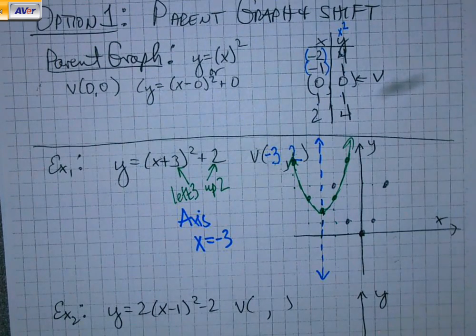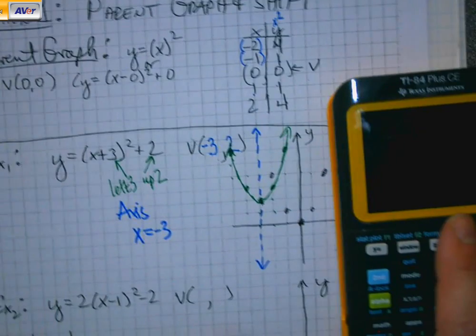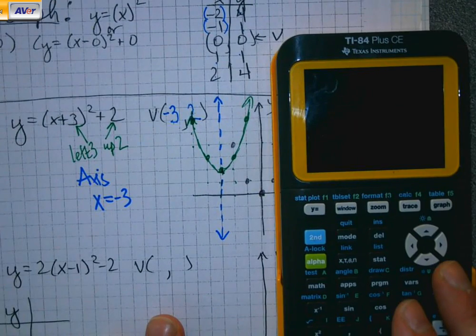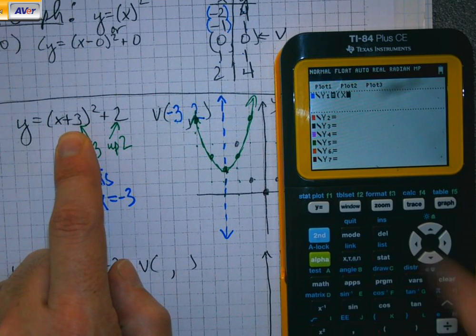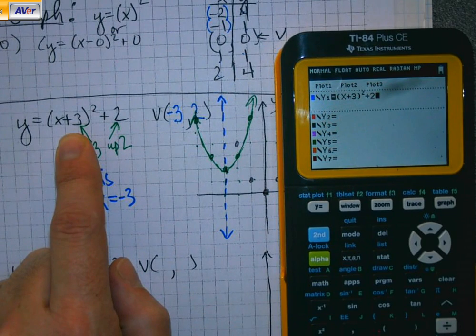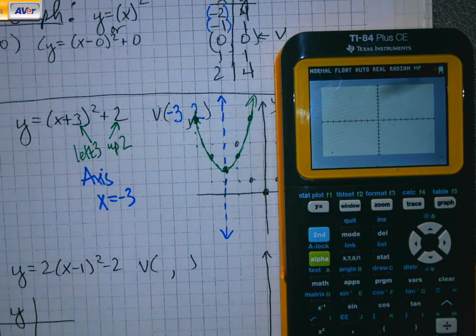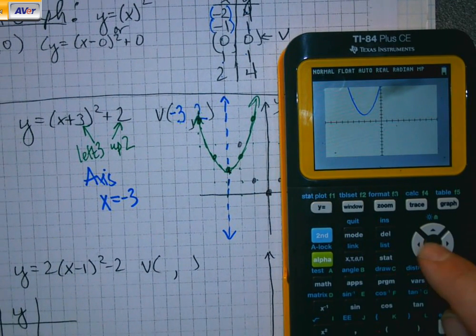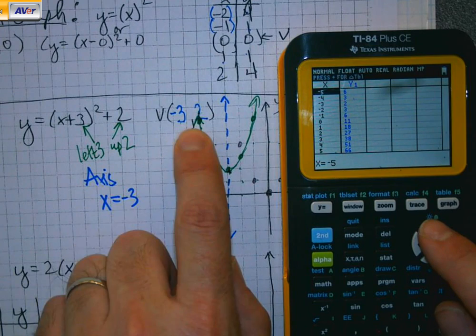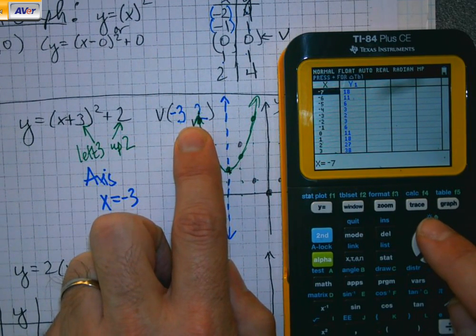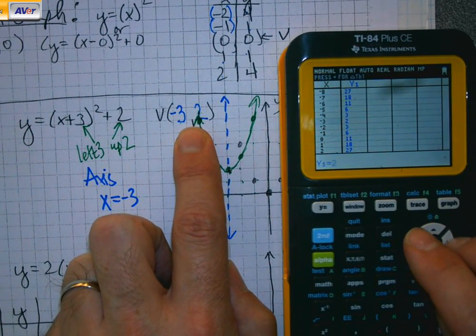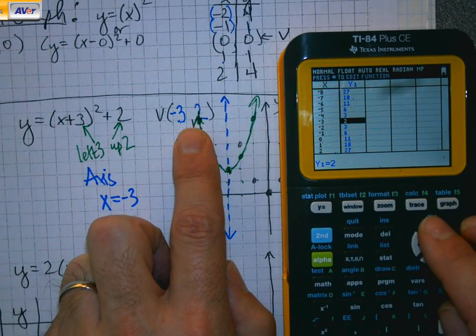And again, even if you wanted to with this, I shouldn't pretend like it doesn't exist, because it does. If I wanted to put this in my calculator, maybe I want to double check, maybe I'm just more comfortable that way. So I'll take a look here first. Looks like the one I did. And here's going to be your thing. If you know where your vertex is, and you can find that before you do anything else, get that in the middle of your chart, and then check out the numbers around it.